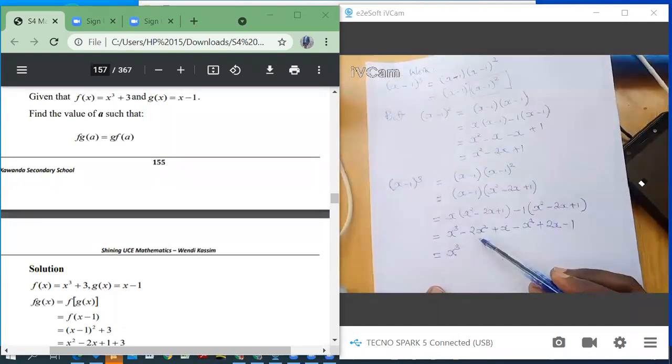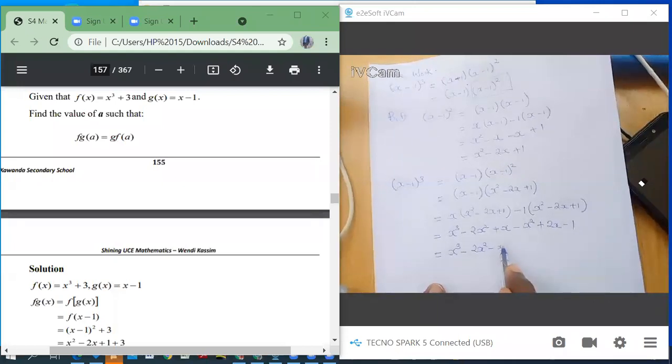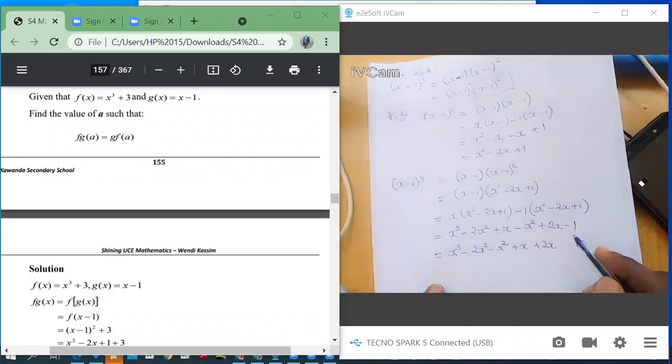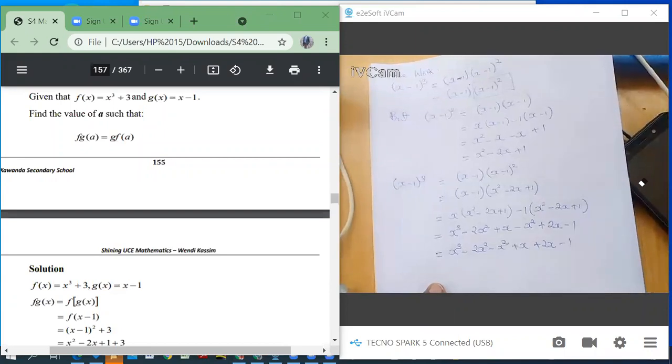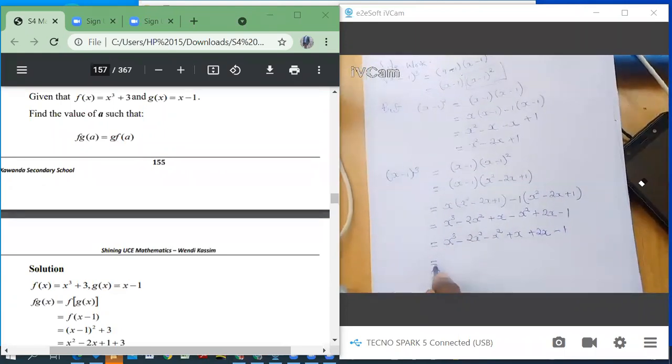We have negative 2x squared and minus x squared. So when you collect the like terms, we shall have x cubed minus 2x squared minus x squared. Then we go to x. We have plus x, then plus 2x. Then minus 1. So let's simplify that.